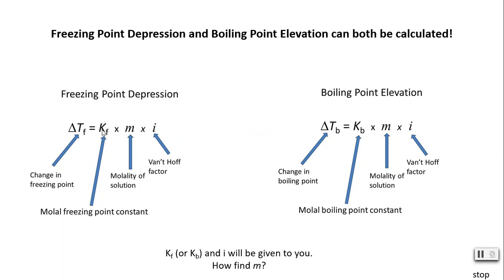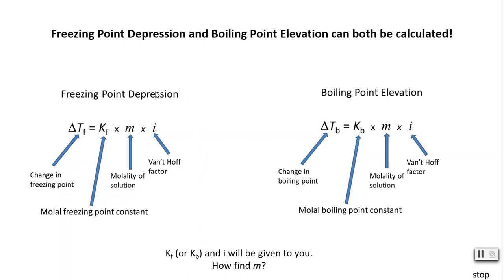They both involve constants that are associated with the solvents. They both involve constants that are associated with the solute, and those constant values, those Kf's or Kb's and i's, will be given to you.